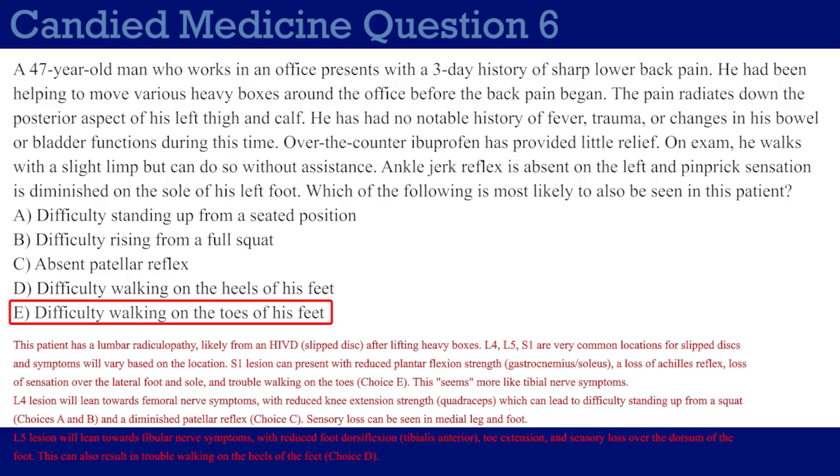This is also where the absent patellar reflex would be found if there was a lesion. As I mentioned, there would actually be some minor tibial symptoms as well, but mainly you'd be thinking femoral symptoms. So for L4, choices A, B, and C are all things that sound more like L4 lesions.